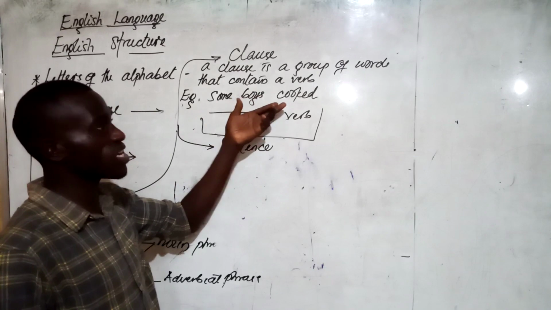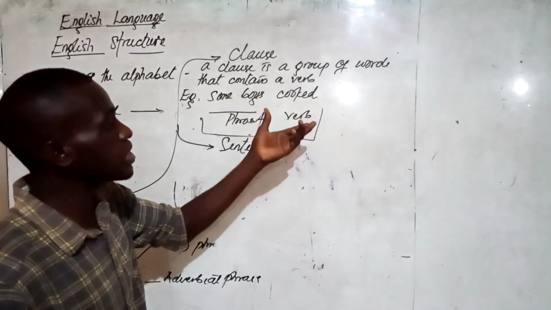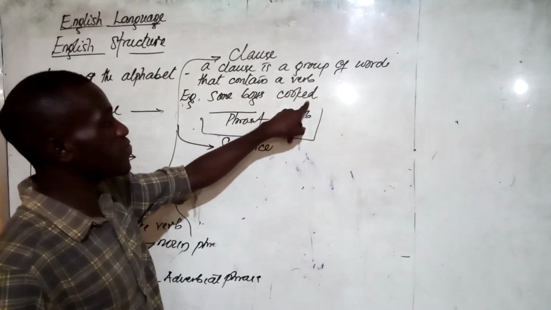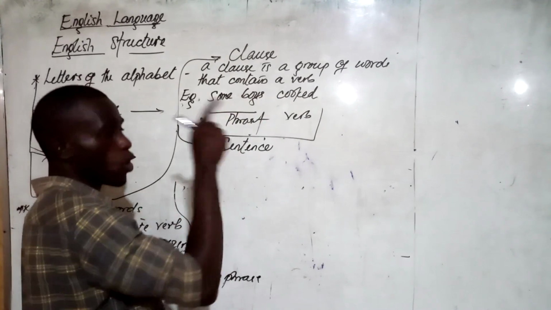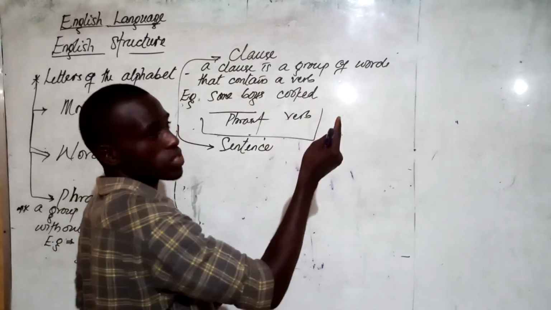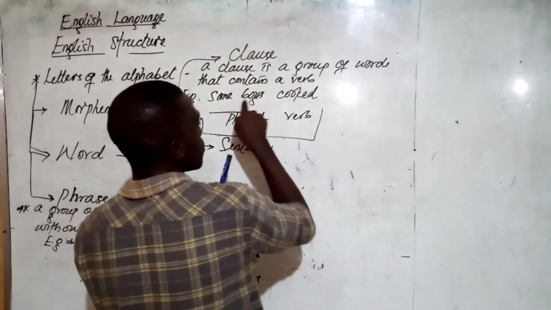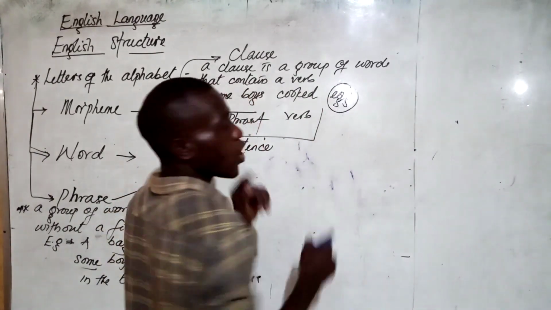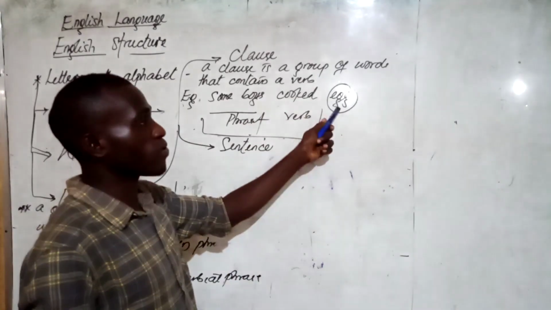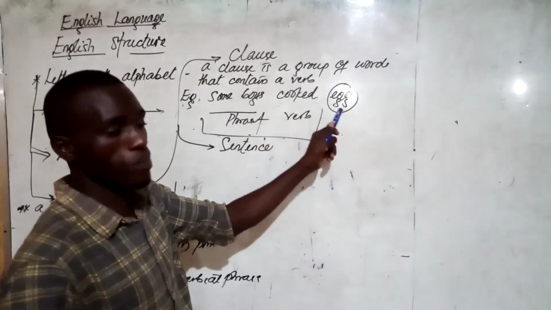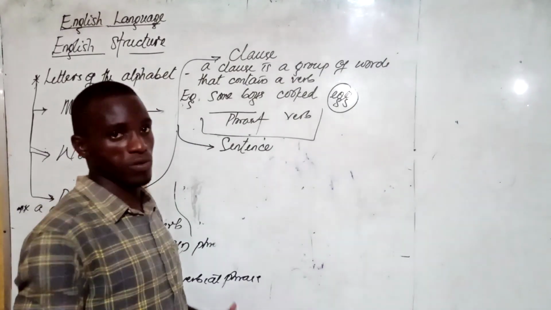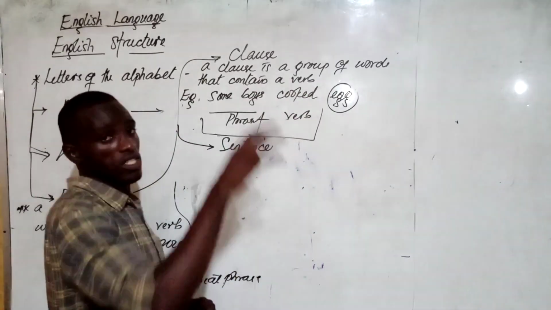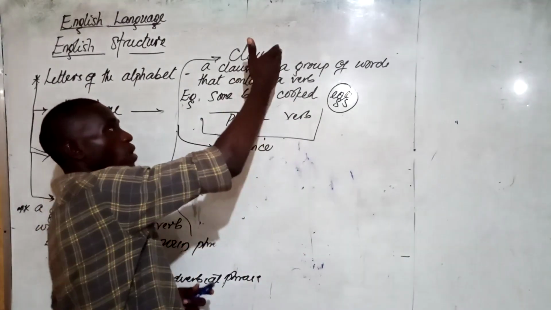Well, of course, this conveyed a full idea, but it would be more complete when we add what they cooked. For example, I could say some boys cooked egg. So if they cooked egg, then we are certain of the object of the action. Then this is more complete, and this will be termed a sentence. But this does not stop some boys cooked from being a sentence. It's also a sentence, and of course we could call it a clause.